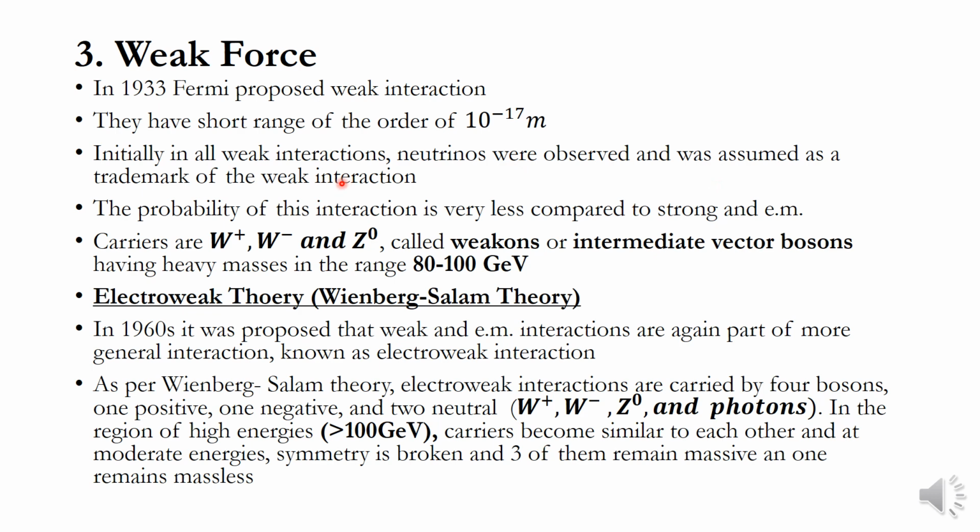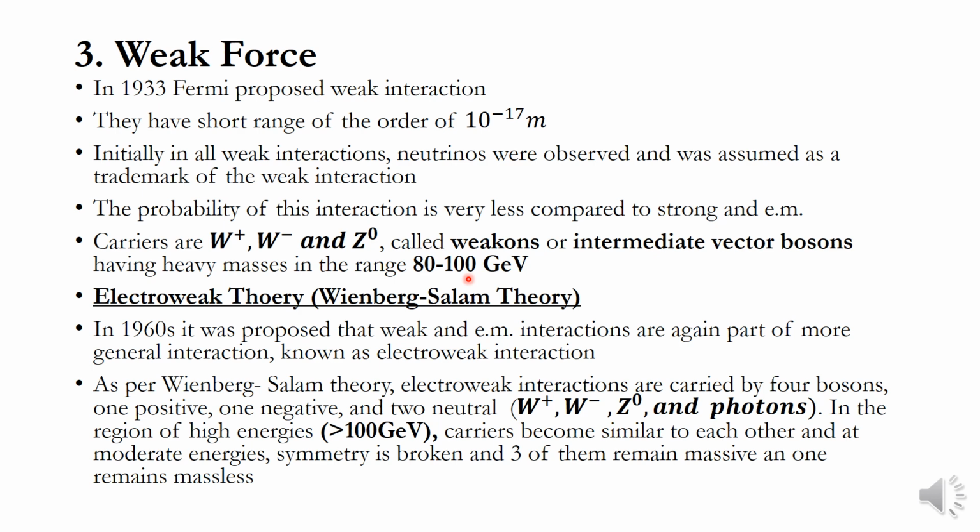Very small. The carriers are the massive W plus, W minus and Z0, called weak-ons or intermediate vector bosons, having heavy masses in the range of 80 to 100 GeV, so much larger. We know that even the nucleons, the protons and neutrons, have only some 900 MeV.